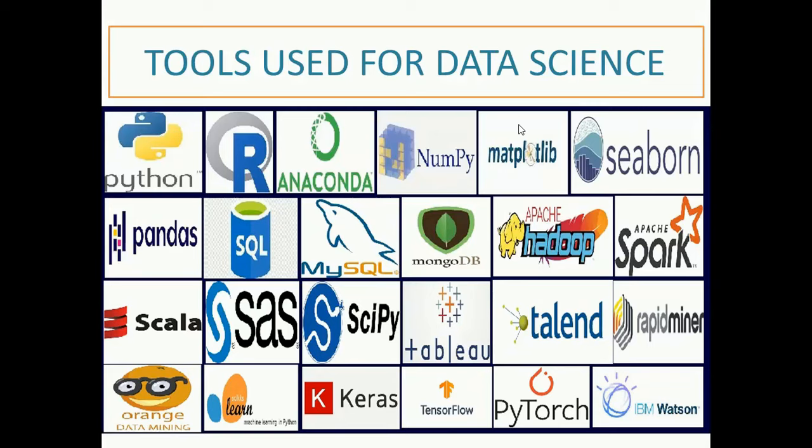Scikit-learn is for machine learning, Keras for deep learning, TensorFlow for advanced deep learning, PyTorch for deep learning, and IBM Watson for model deployment. So these are the various tools or technologies used for data science nowadays.